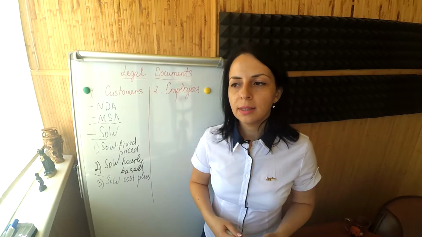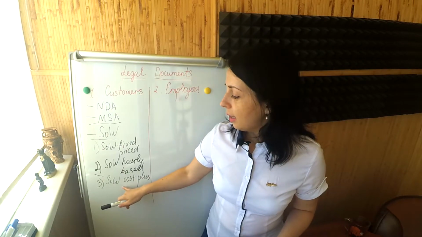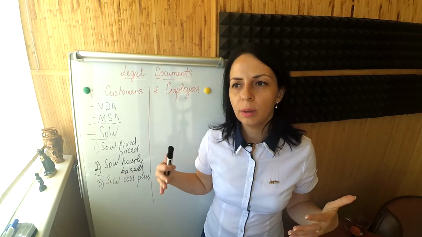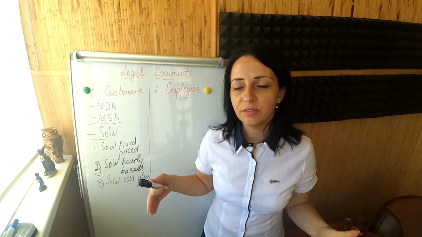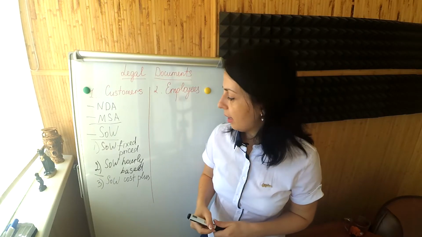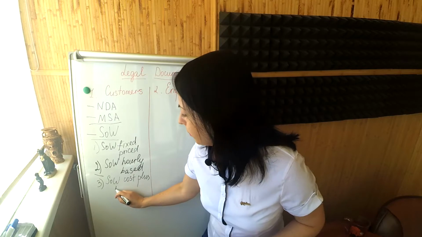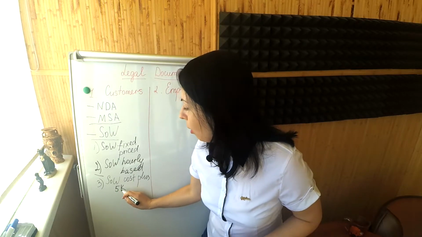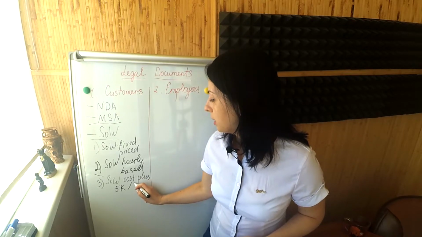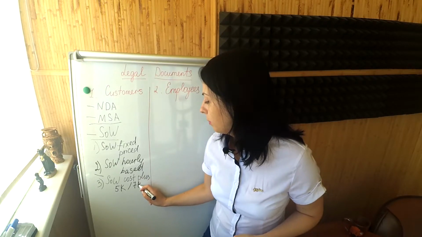So what is the business model here? It is basically the following: the customer pays the full amount of the salary of that developer. Let's say the salary of the developer is 5K, right? But you outline in the statement of work that you are taking from your customer, say, 7K.